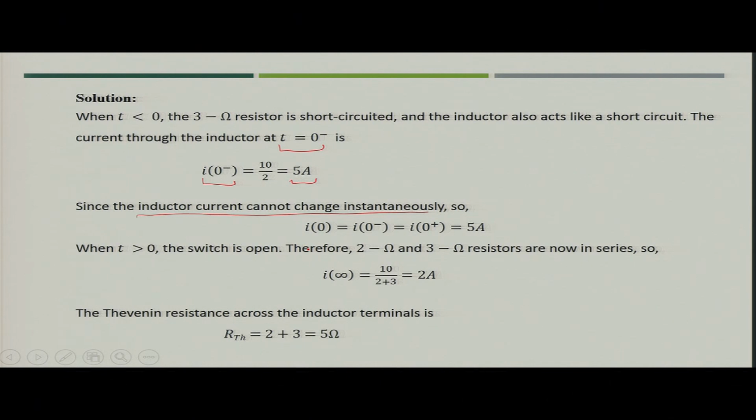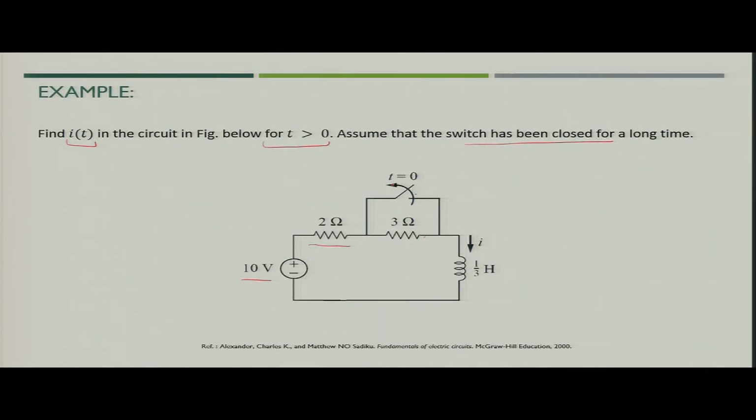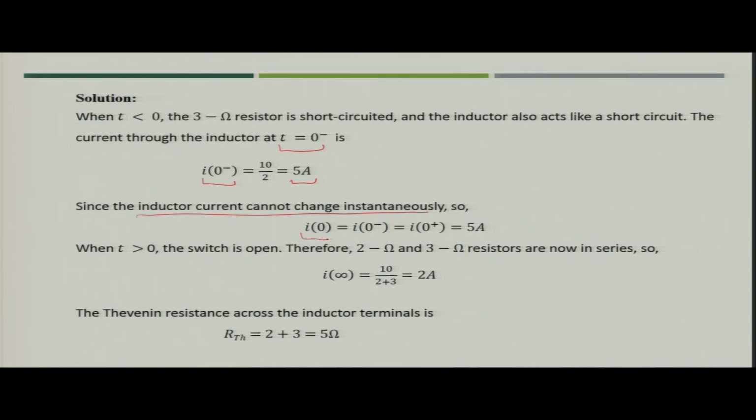So, even just after the switch is opened at time t equal to 0, the current cannot change instantaneously. The value of current I naught will be 5 ampere.